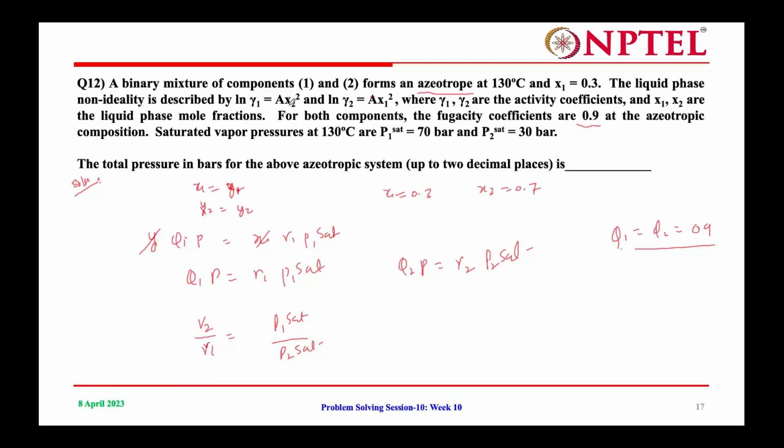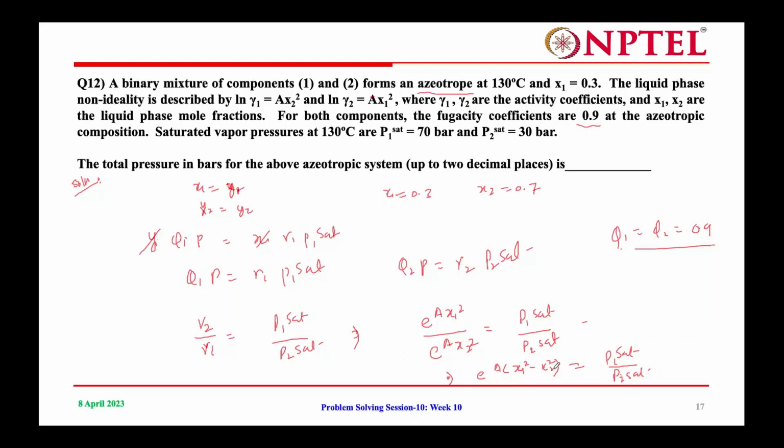But here ln gamma is given as a x2 squared, so you can write e to the power a x1 squared over e to the power a x2 squared equals p1 sat by p2 sat, right? So e to the power a (x1 squared minus x2 squared) equals p1 sat by p2 sat, right?